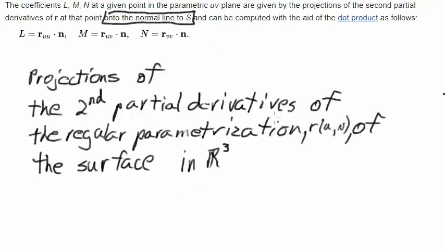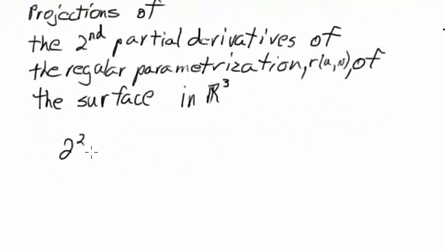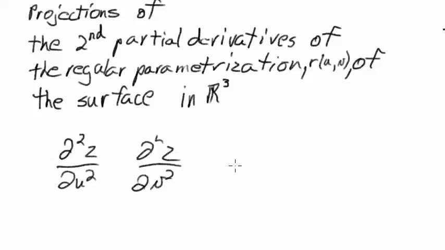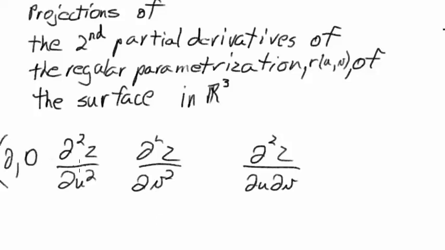What is that second partial derivative? It's like del squared z del u squared, del squared z del v squared, and del squared z del u del v. But more specifically, there's 0, 0, del squared z del u squared, and 0, 0, del squared z del v squared. It has a direction to it.